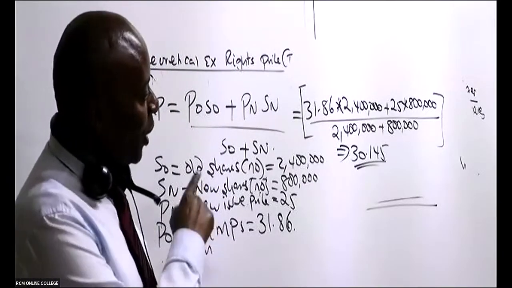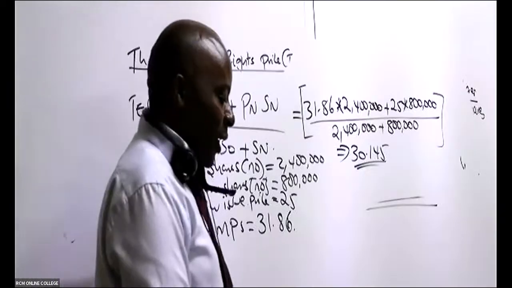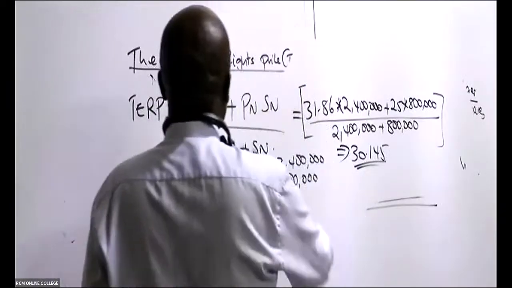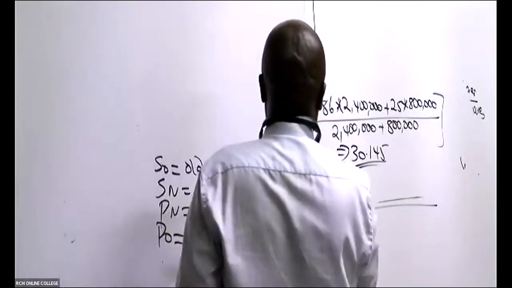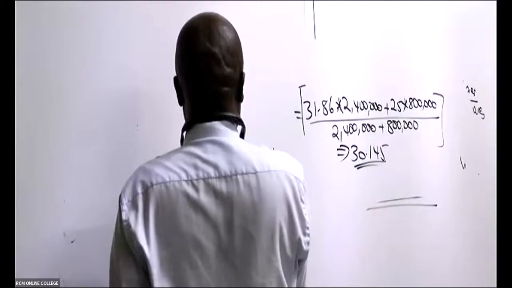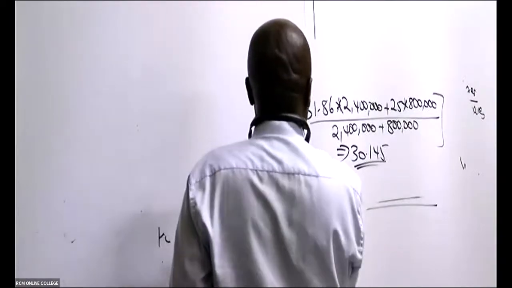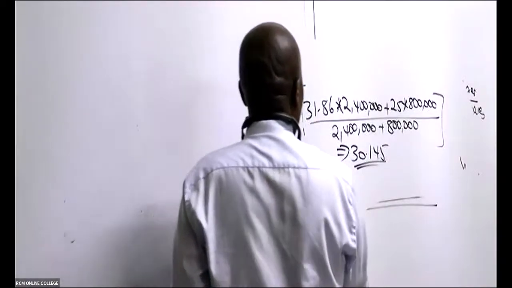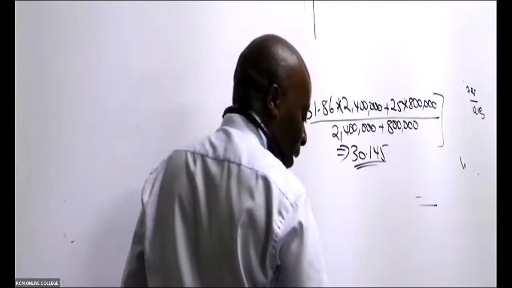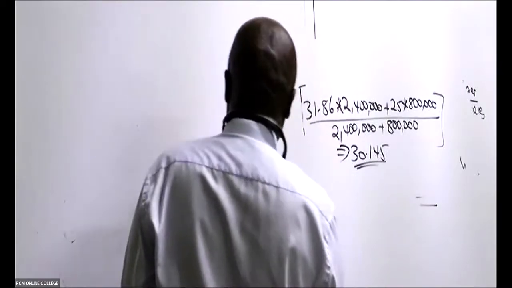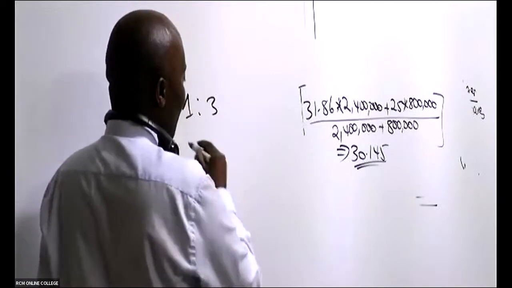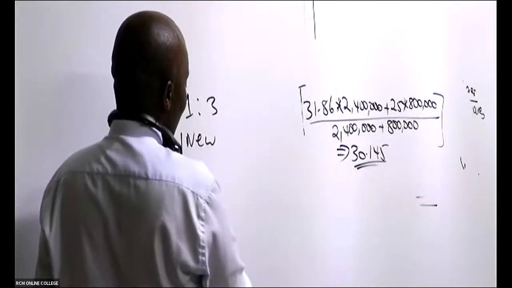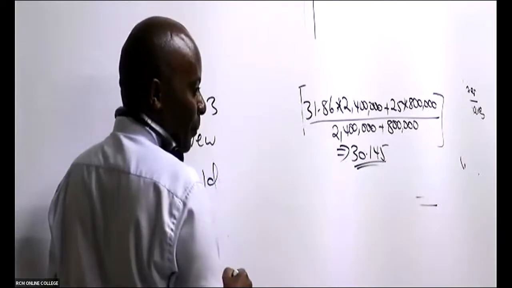But a good student will never do this question this way. If I taught you financial management, I'm so sure you can't do this question this way. This is an old, bad style. The better style is to remember the rights ratio, which is 1 new for every 3 old.